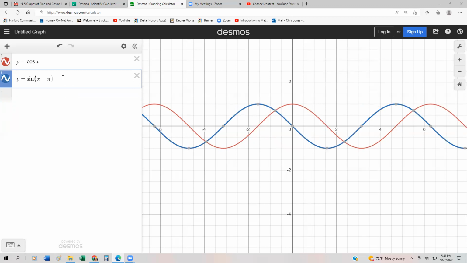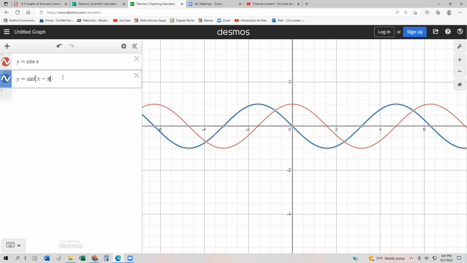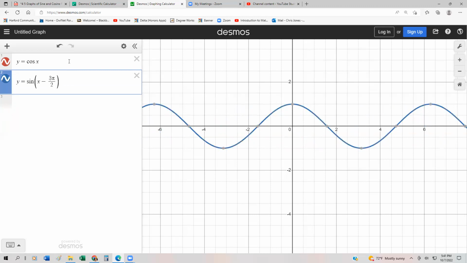And then if I was to have sine of x minus pi, again, it would shift. And it looks like as we keep going along, that it's trying to get to the exact same sort of graph. So for instance, if I had x minus, let's say, 3 pi over 2, oh, well, that's the exact same graph.